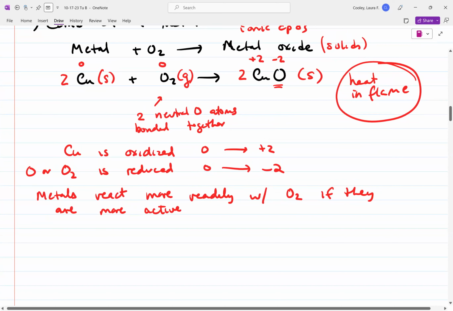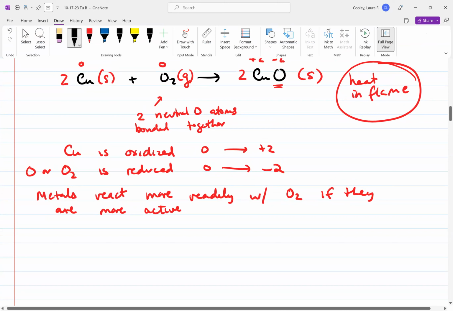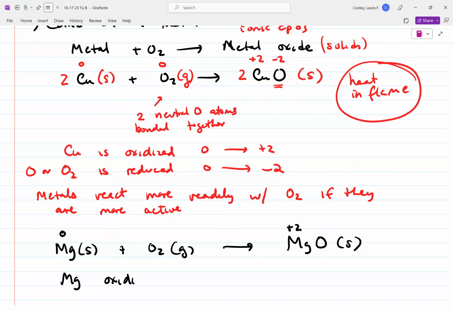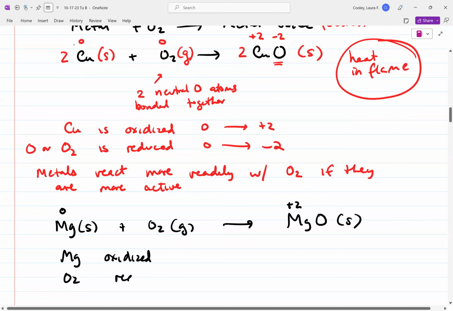So another example here would be if you take magnesium plus oxygen, and you'd get MgO. And very similar to with copper, this goes from 0 to +2. So Mg is oxidized. The O2 is reduced. Here it's neutral.